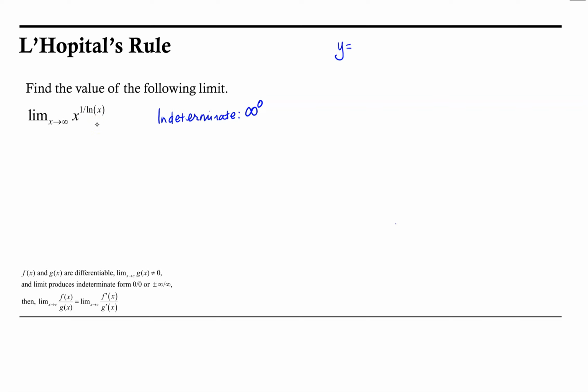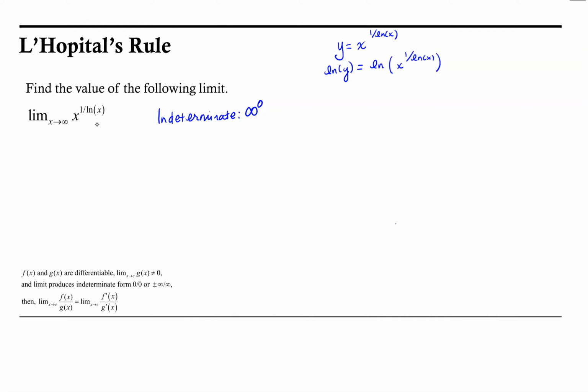So our function y is going to be x to the 1 over natural log of x power. Let's go ahead and take the natural log of y, or the natural log of both sides of this equation. So we have the natural log of y is equal to the natural log of x to the 1 over natural log of x power.